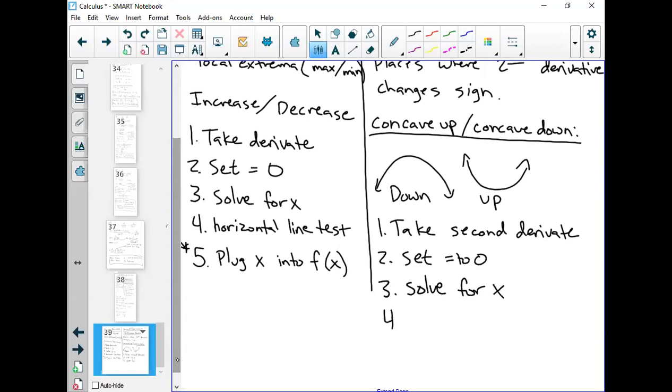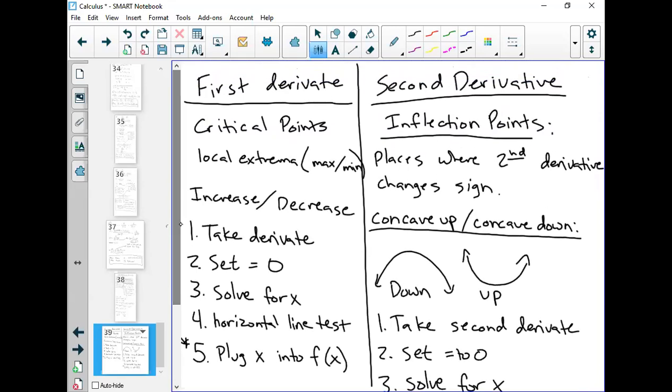The fourth step, horizontal line test. And the fifth step, if they ask you for the y values, is to plug x back into the original function, f of x. Okay, and that's it. Those are your 5 steps. Notice they're the exact same steps except for step 1, which is to take the second derivative. And that should be everything you need to know.